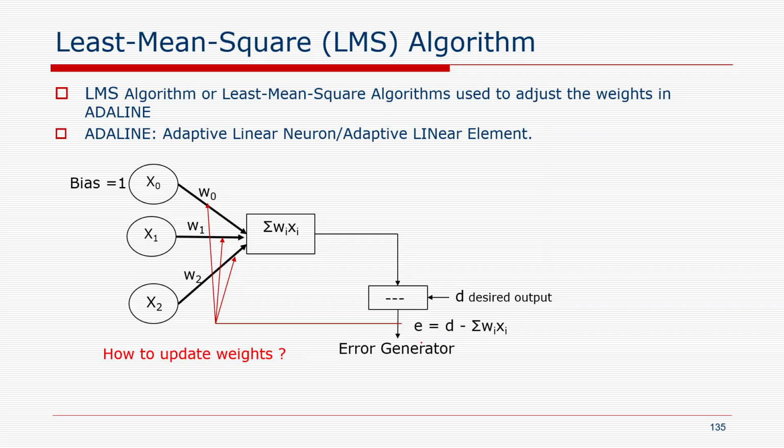If we got some error, then we have to change the weight values W0, W1 and W2 to what values? We start with some random values, but we have to learn over a period what the best values are so that the error will get minimized.